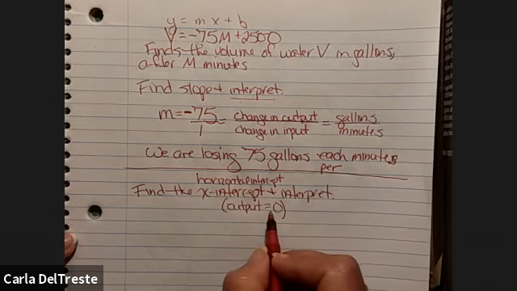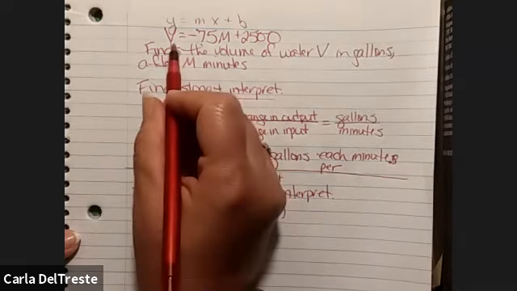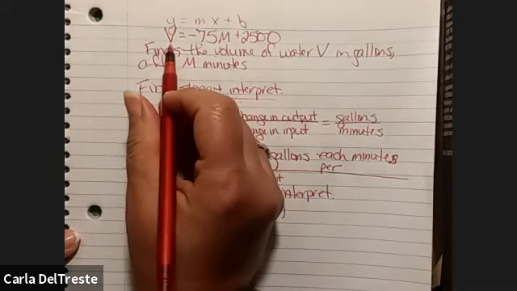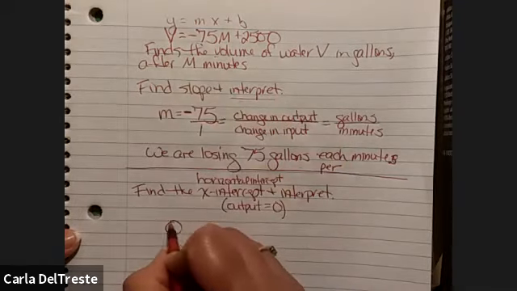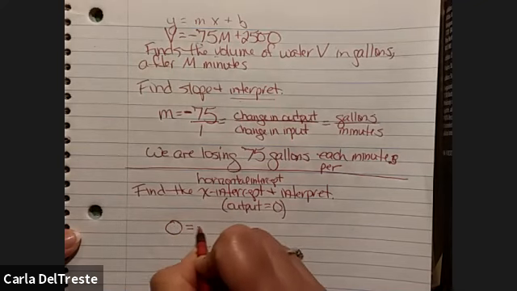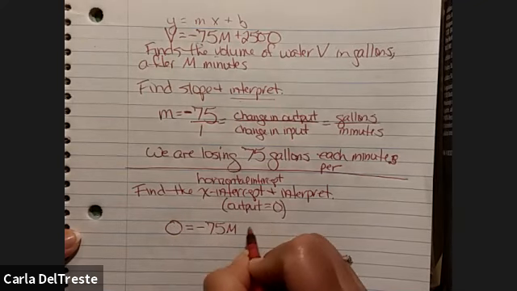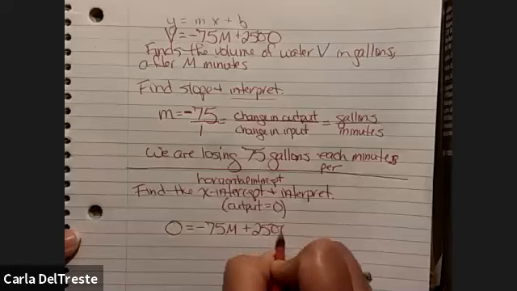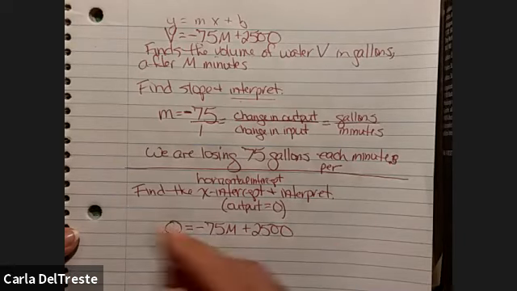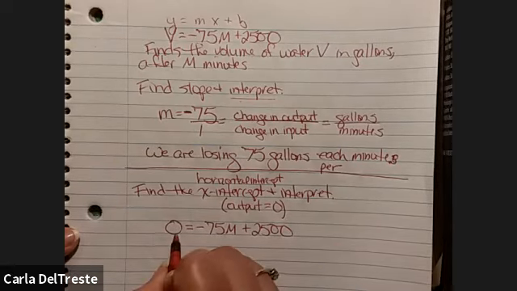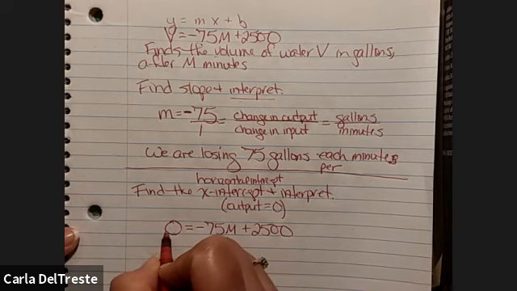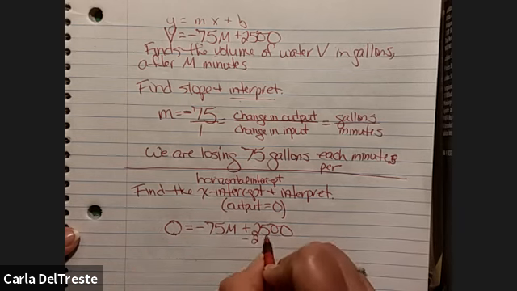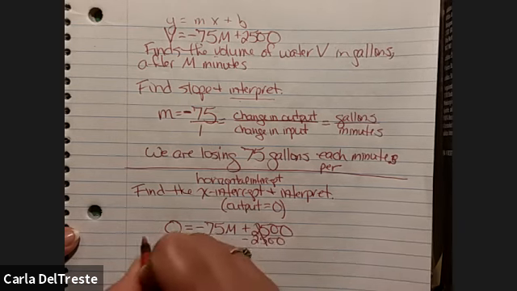If my output equals 0, I know what my output is in this scenario. It's the V. So I want to solve 0 equals negative 75 M plus 2500. Again, going by the definition, I'm plugging 0 in for the output. And then I have to solve. So take away 2,500.